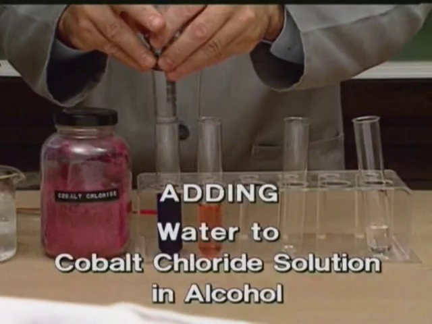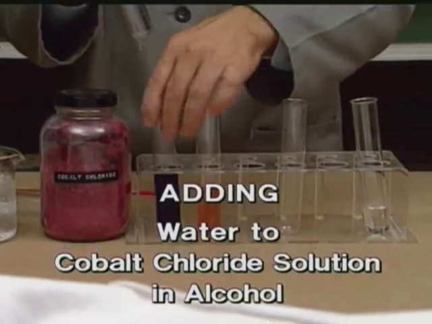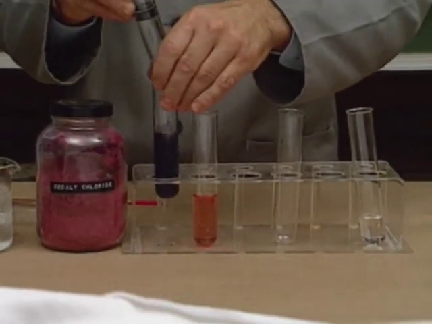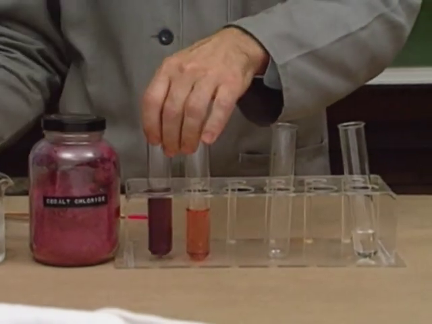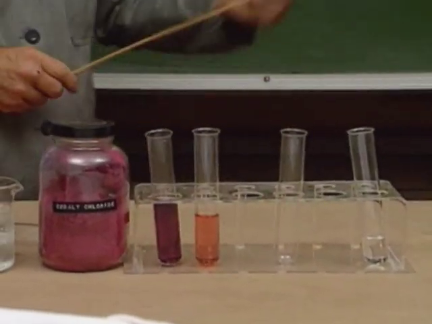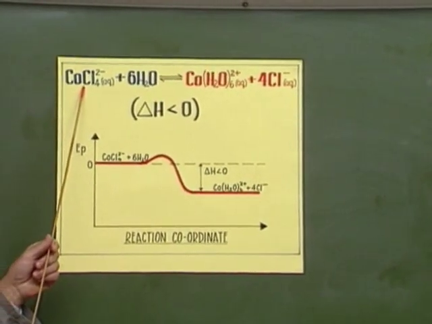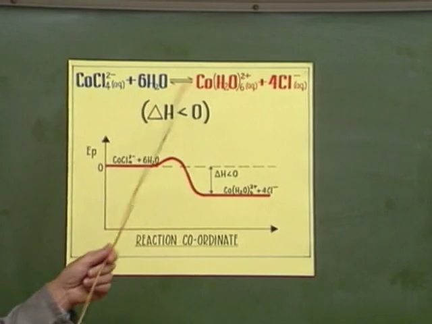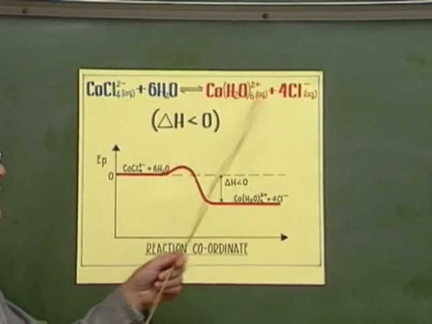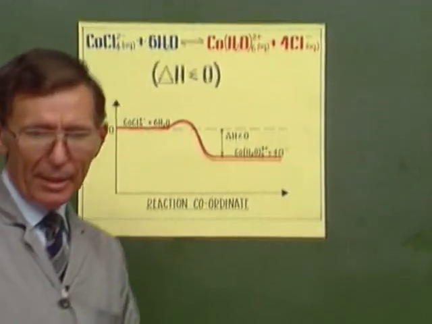When I add water dropwise to the solution in alcohol, I obtain this equilibrium solution where the blue chloride complex combines with water to produce the red aqua complex and chloride ions.